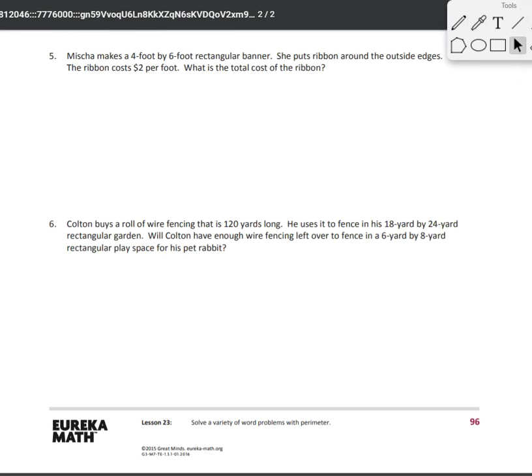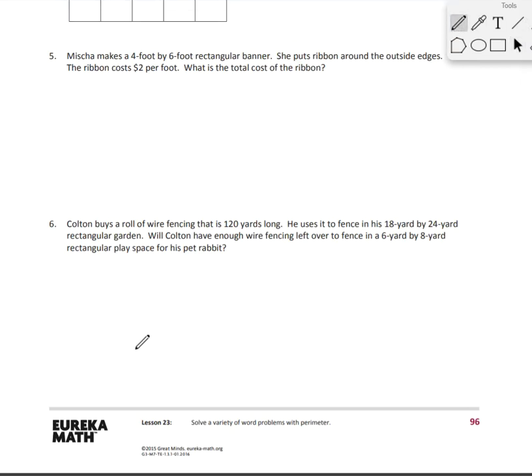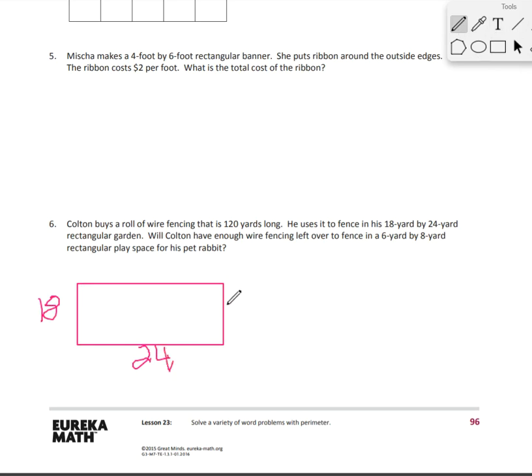Colton buys a roll of wire fencing that is 120 yards long. He uses it to fence in his 18 by 24 yard rectangular garden. I'm going to go and label my sides before I do anything else with this problem. Always label your sides, maybe with 8s that look like 8s and not squiggles.